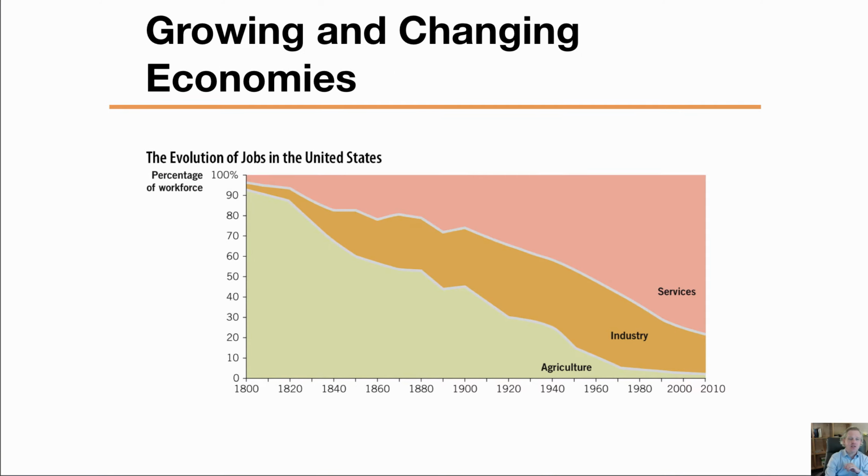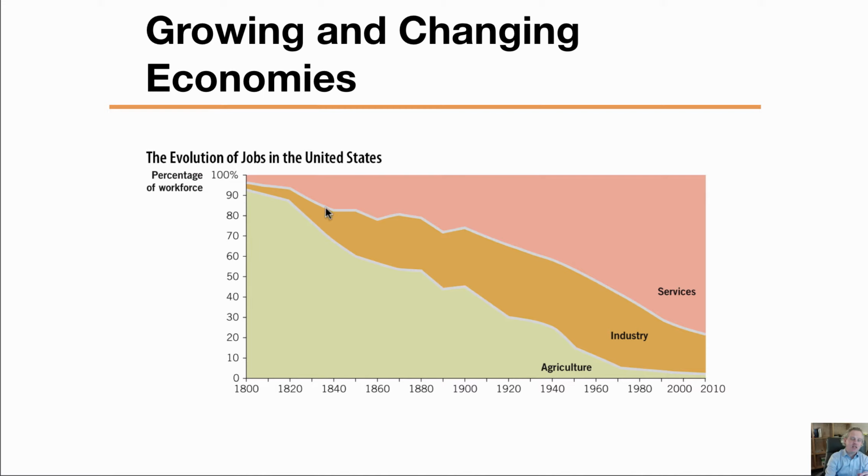So this graph starts in 1800, and this is 100% of the workforce. So that's how you read this graph. And so what proportion of that 100% works in these three different categories, these three different types of industries? So you can see in 1800, a highly agricultural economy in the U.S., almost over 90% of workers were working in agriculture.